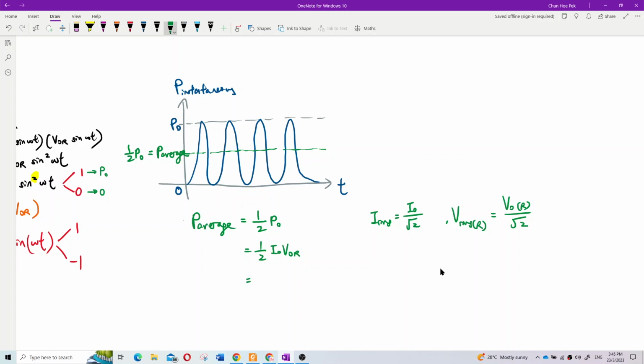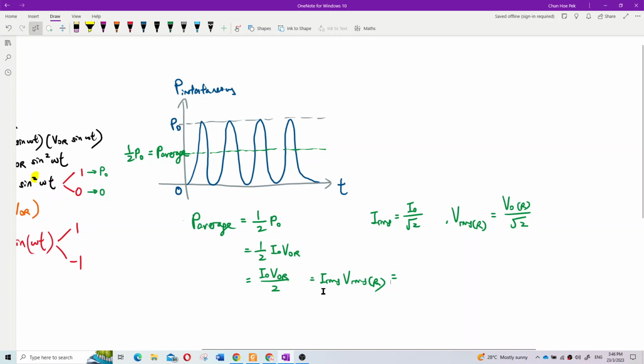So that means, if you look carefully, this is I naught V naught R over 2, right? Actually this is I RMS multiplied by V RMS R. Correct or not, class?